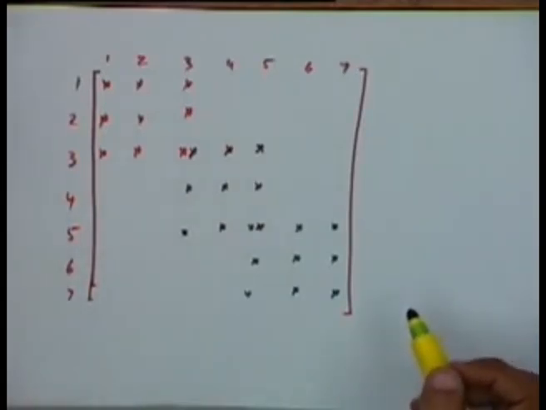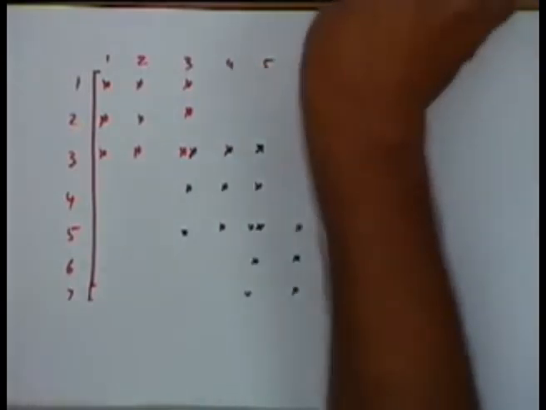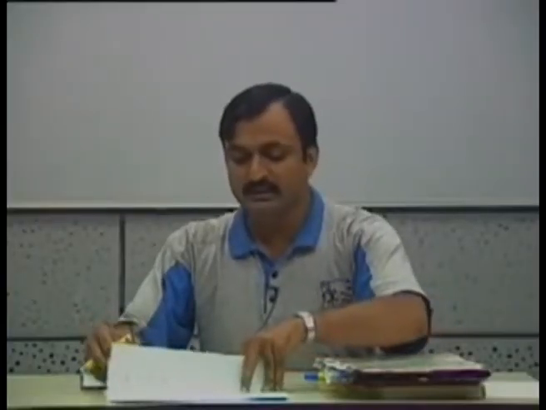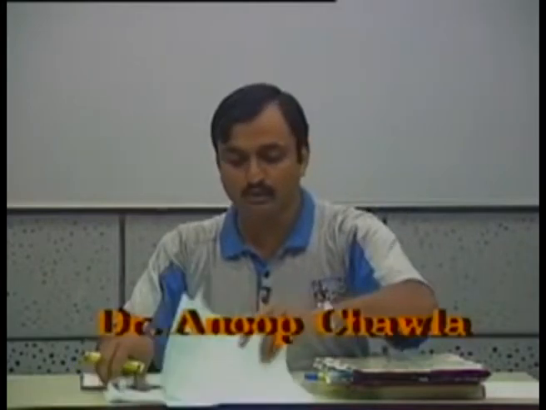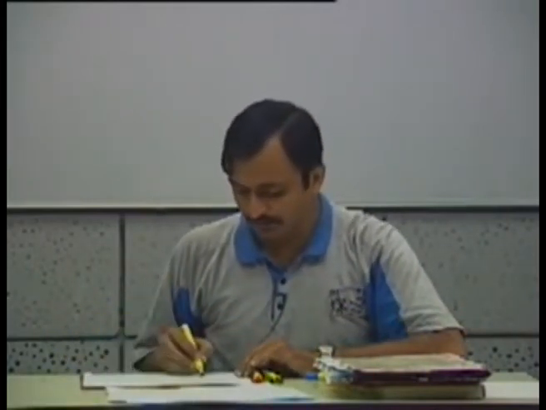The properties of the stiffness matrix are still retained. That means earlier we had said that the stiffness matrix for the two-noded element was a symmetric matrix. This matrix is also symmetric.